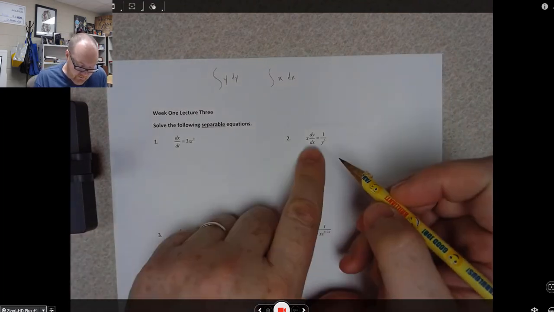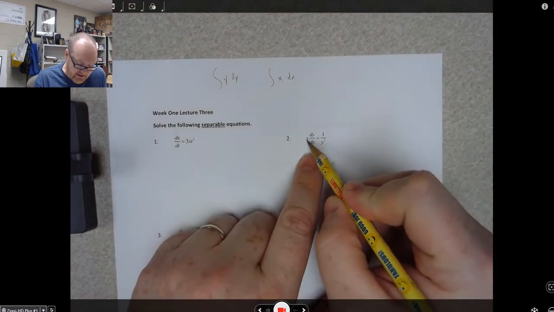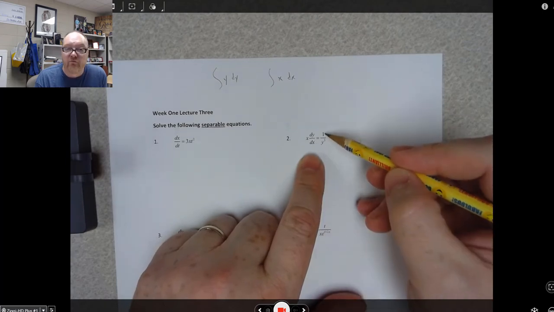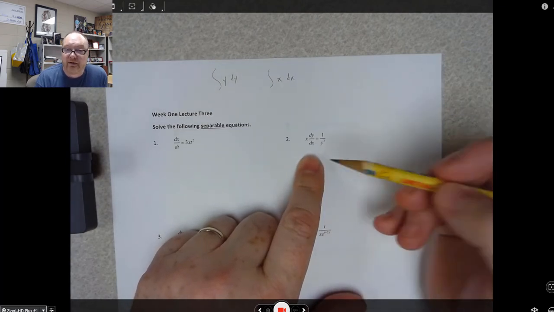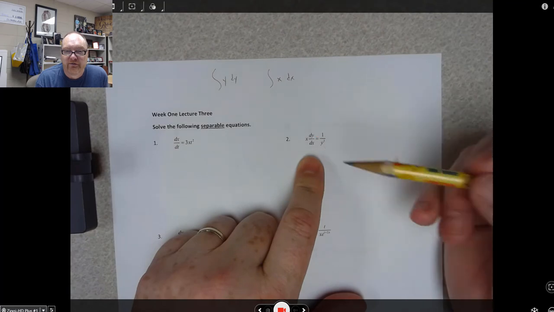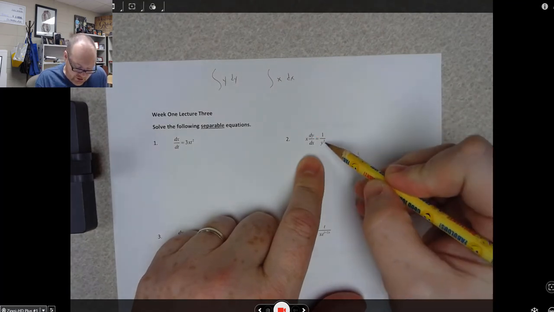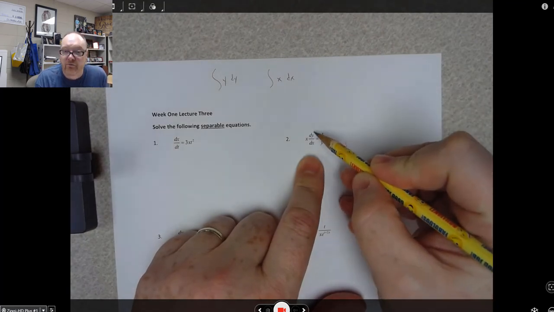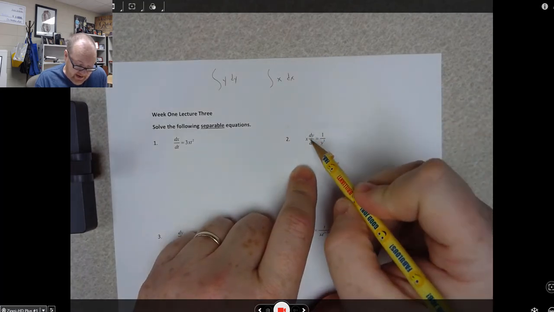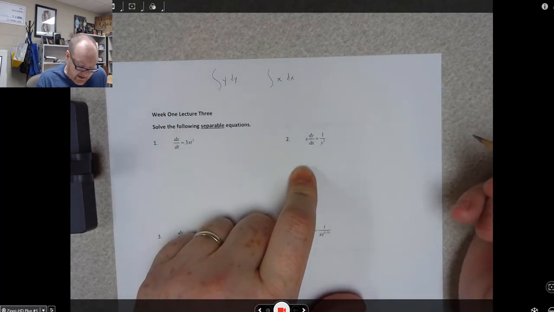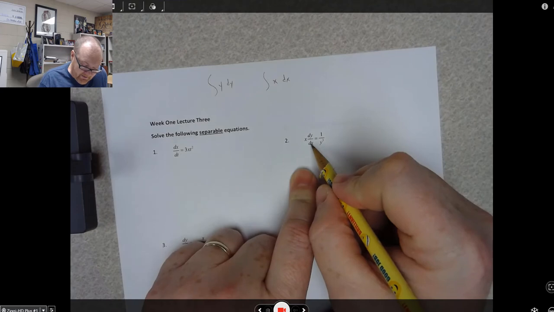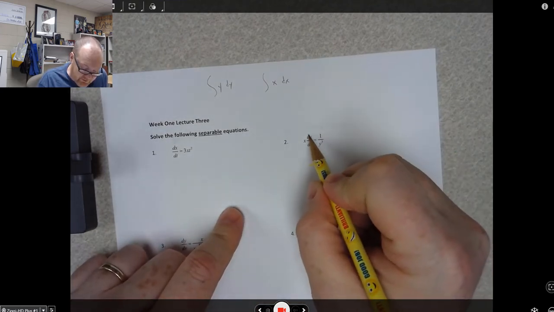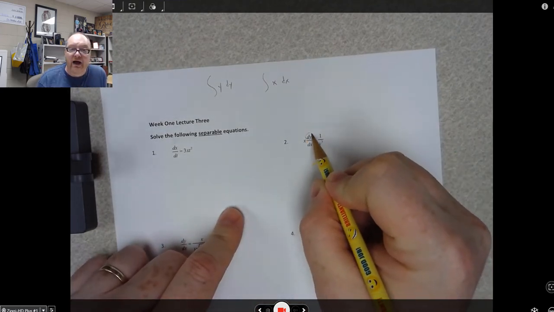Number 2, I've got x dy dx equal to 1 over y cubed. So again, we believe this is separable. We were told it was. So I should be able to get this y cubed term and dy term on the same side. I should be able to get x's and dx's on the same side. So it looks like maybe the most direct thing to do is just to get rid of this dy term.